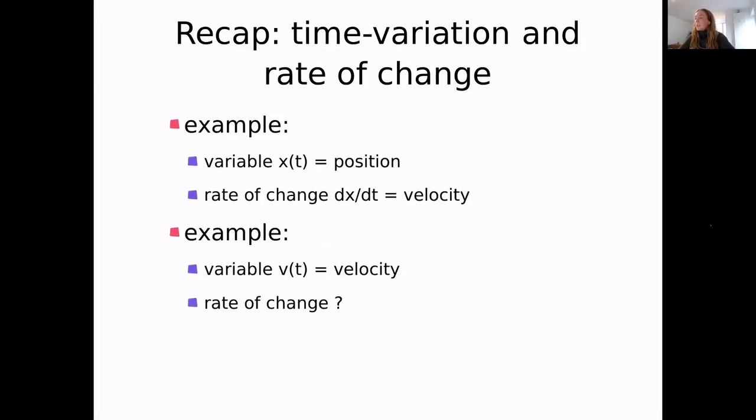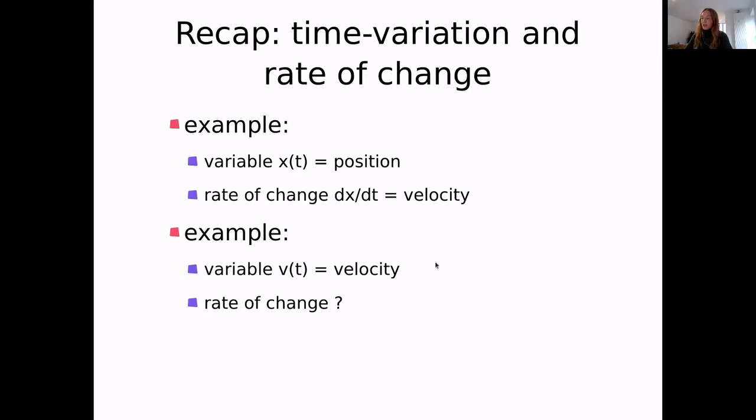And one example, of course, is that the state variable is your position in space, and your rate of change is the velocity. So the velocity gives you how your position changes with time, right?